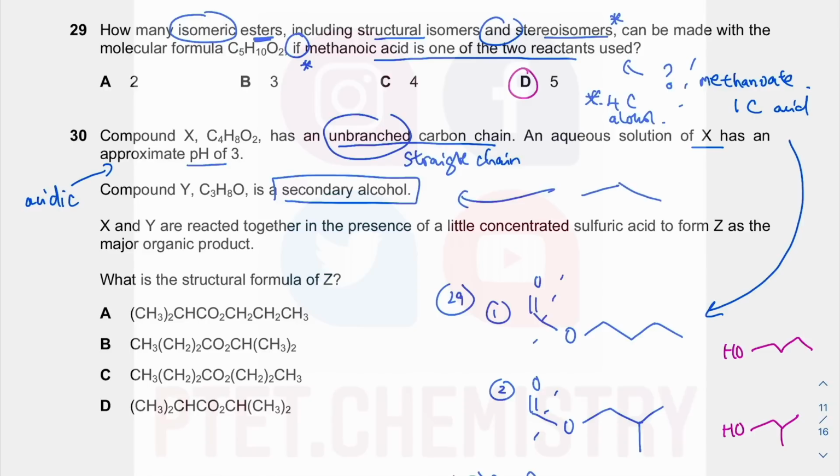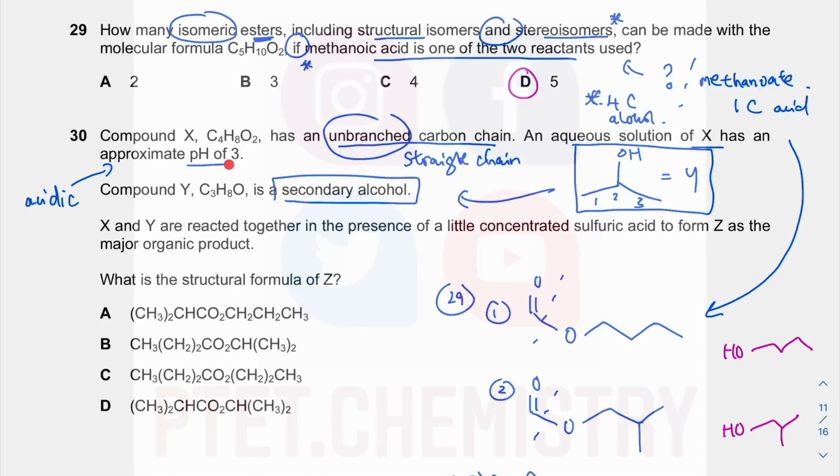So I'm thinking of this. This has got 3 hydrogens, 4, 5, 6, 7, 8. C3H8O. This is Y. It's got to be propan-2-ol, a 3 carbon alcohol. C3H8O, if you count from this skeletal formula, which you should be able to do with ease.